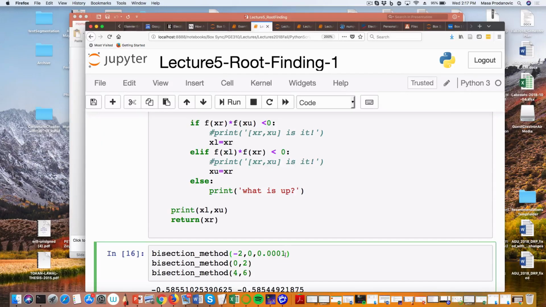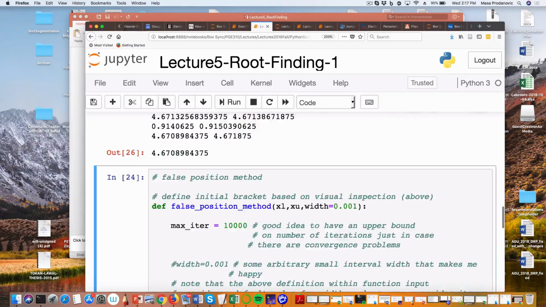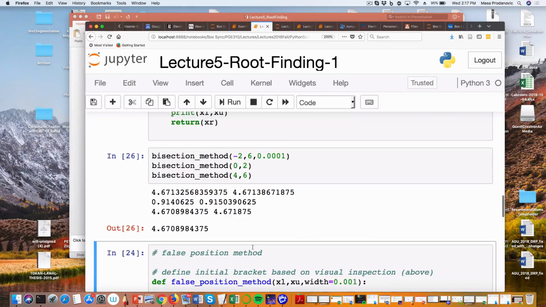So that can be changed. Let's actually try to run it with minus 2 and 6. So if I did indeed with minus 2 and 6, I would come up with this root that is close to 5. Okay?